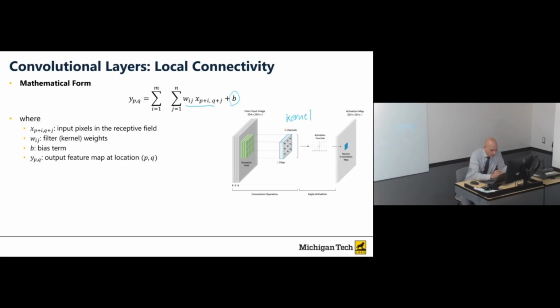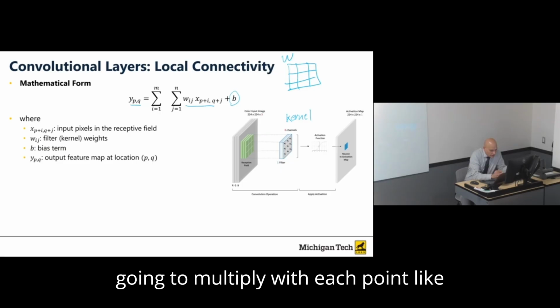Normally this is kernel W, and the image is any point in the image. It's going to multiply position-wise with each point.